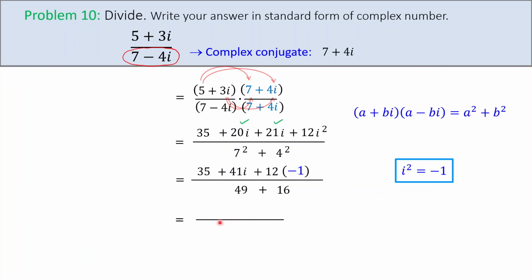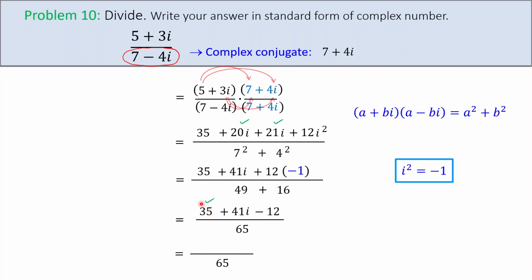Okay, so in the denominator, you add these two, you get 65. Here you have 35 plus 41i plus 12 times negative 1 is negative 12, equal to, now you can, 65.